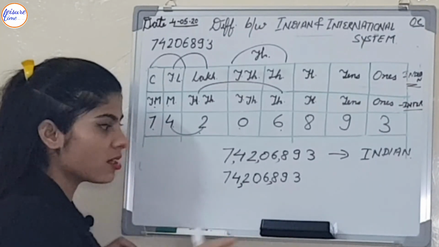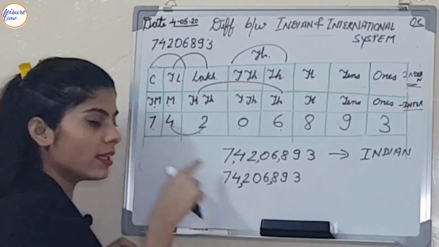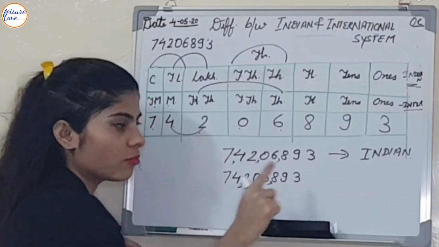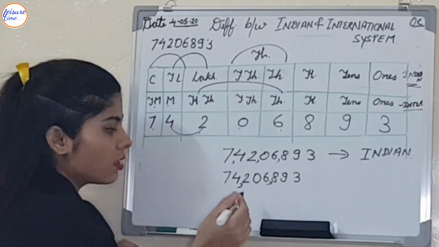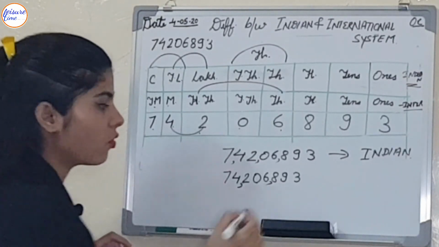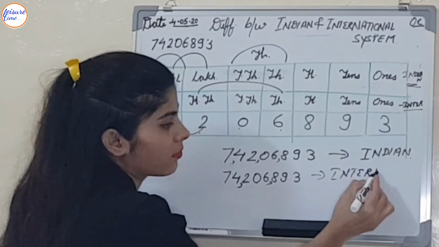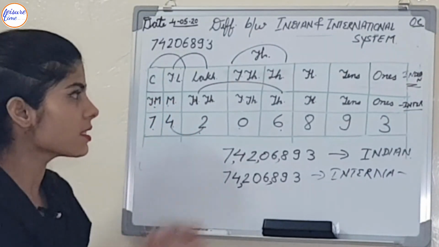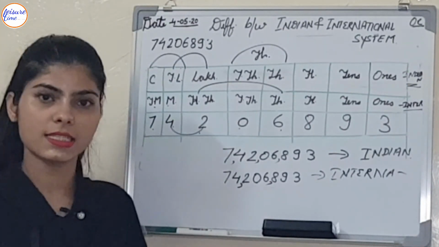So for international, first 3 digits and again 3 digits, then again 3, again 3. But for the Indian system, only the first time 3 digits, then 2, and again 2. So this is finished for the international system. This is the difference between the Indian and international systems. I hope you all understand these terms.